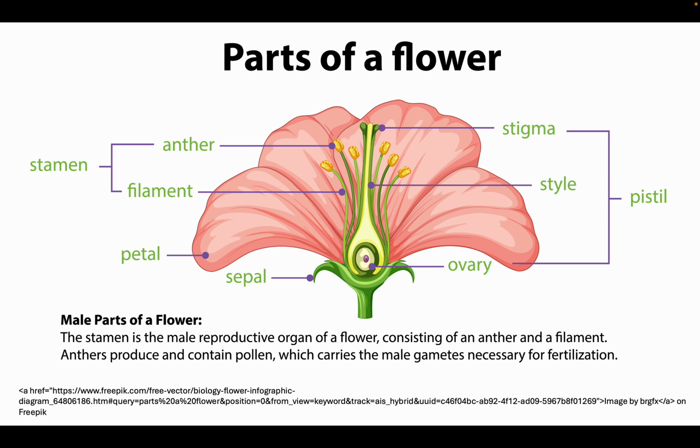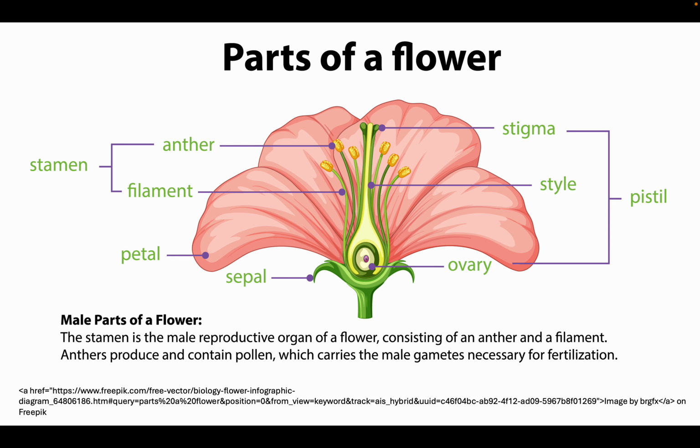Now, this is a typical picture which we see in any book, right? These are the parts of the flower. We have the anther, filament, petal, sepal, ovary, style, stigma, and this part is known as pistil, and these two together are known as stamen, right? And we all know that stamen is the male reproductive organ of a flower, consisting of anther and filament.